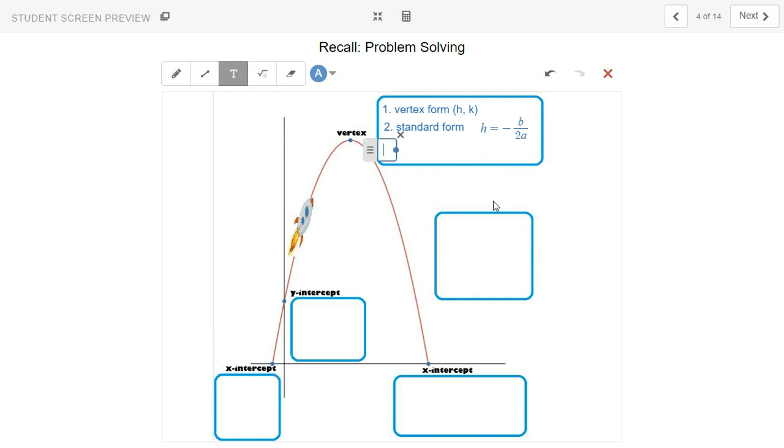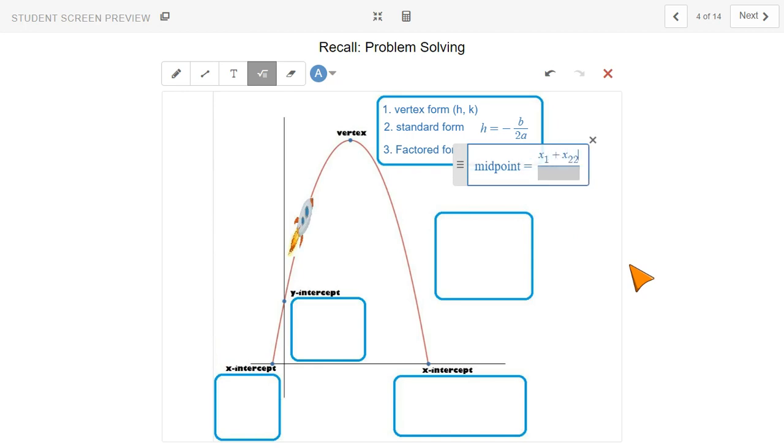Our third way is if we are coming from factored form, then we can use the midpoint equation, where we have the x values added together and then dividing it by 2.